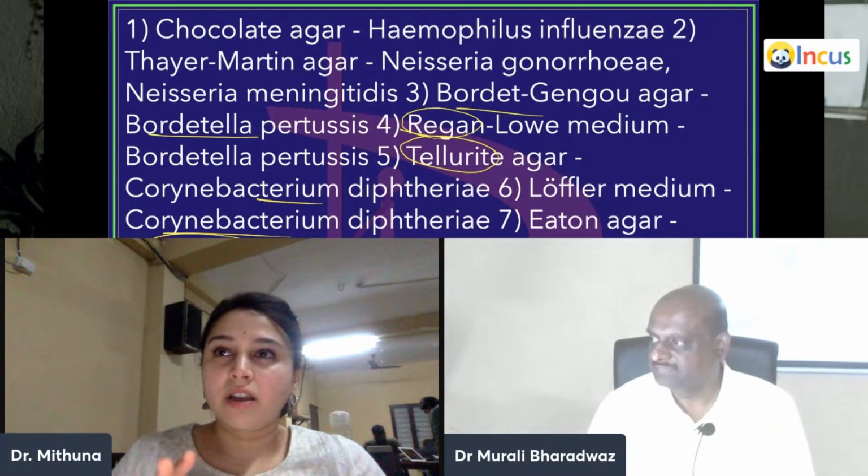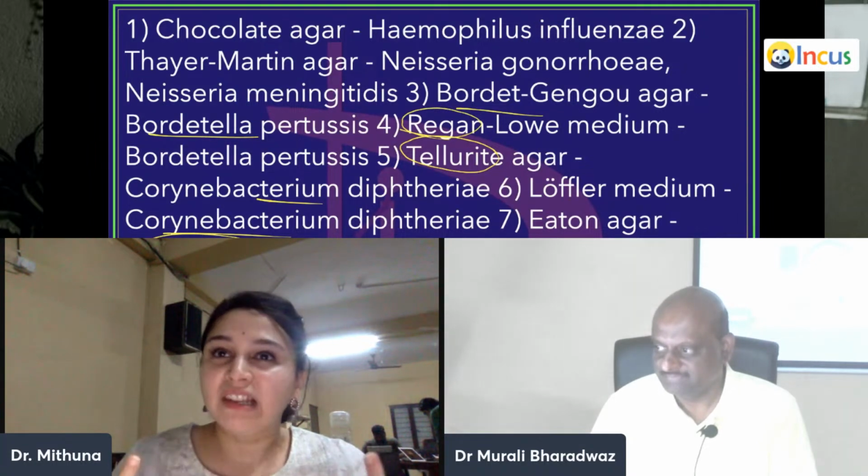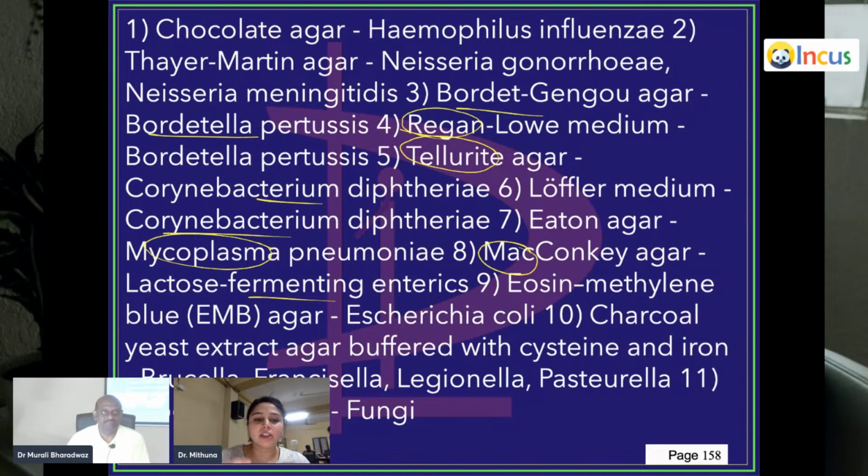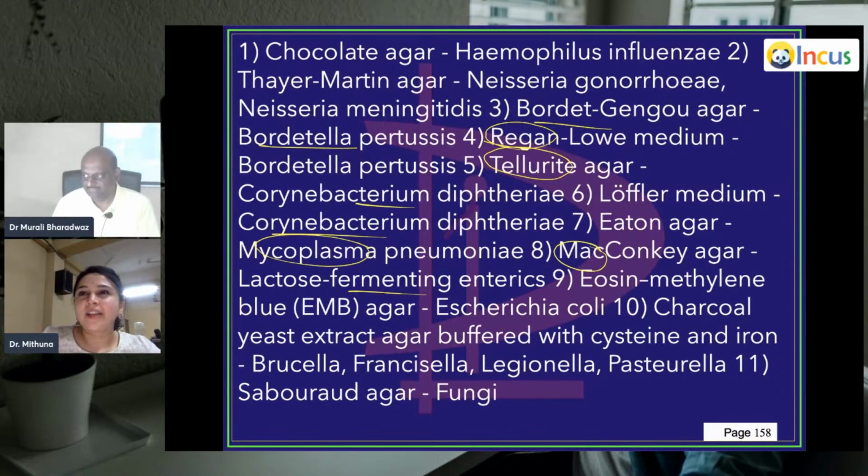If they're not fermenting lactose, they look pale, and if they look pink, it means lactose fermenting bacteria. Then you have eosin methylene blue agar, which is for E. coli. E. coli can also be grown on MacConkey agar. For all those Ella organisms like Brucella, Francisella, Legionella, Pasteurella, we use charcoal yeast agar, which is buffered with cysteine and iron.